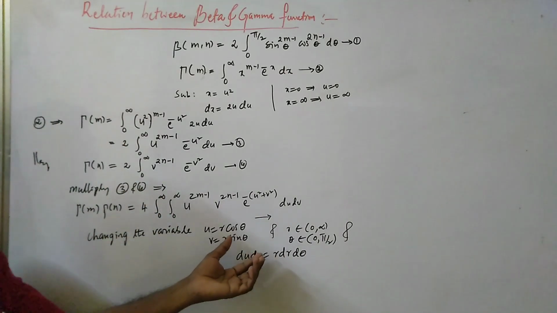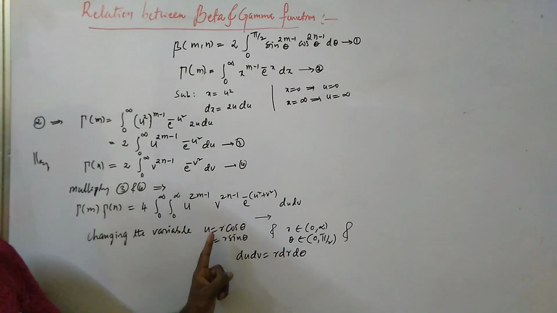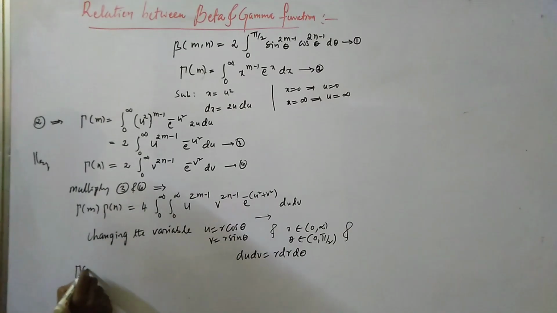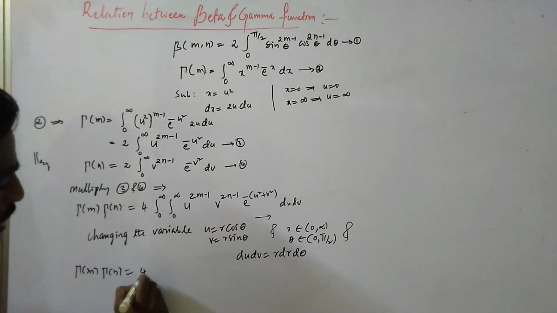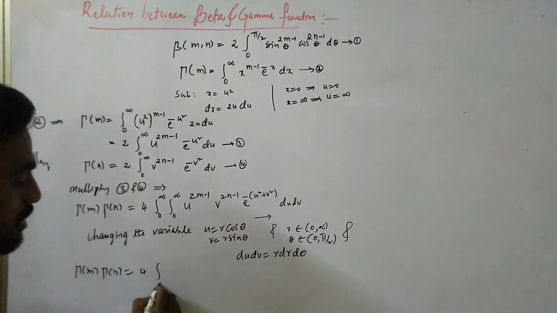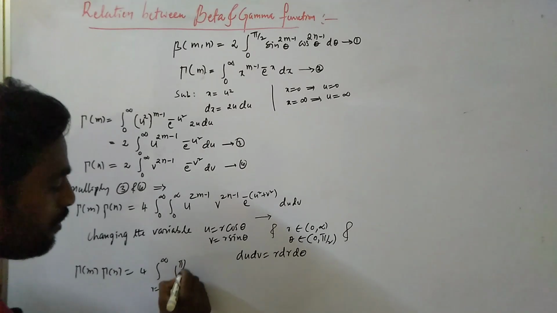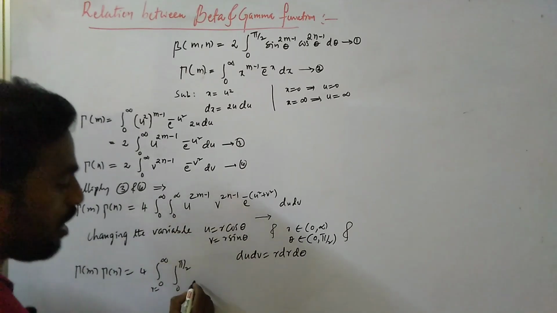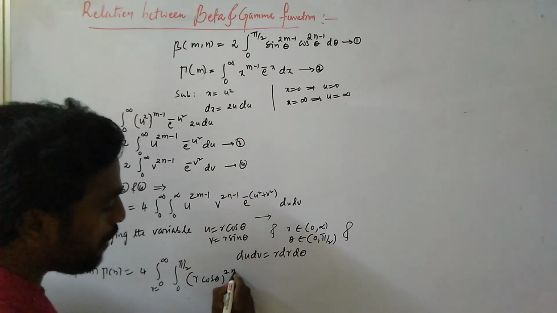So substitute these values in the given equation; that should be modified in terms of r and theta. Okay now, what will happen? Gamma m into gamma n equal to 4, which is a constant, 4 integral 0 to infinity, that is r limits 0 to infinity, next 0 to pi by 2. Next u means r cos theta, r cos theta whole to the power of 2m minus 1.